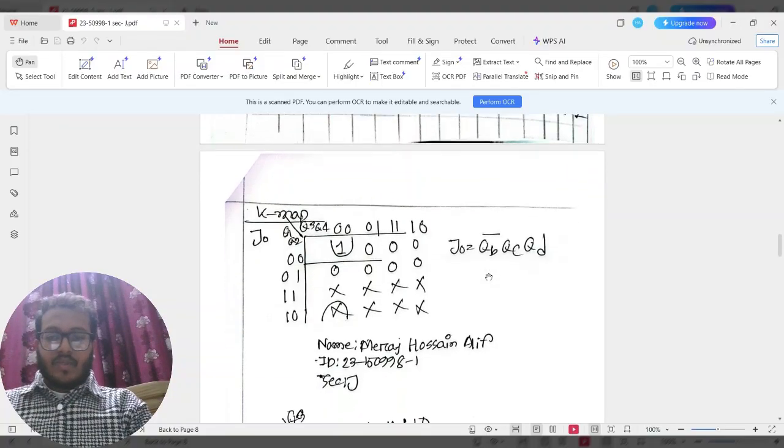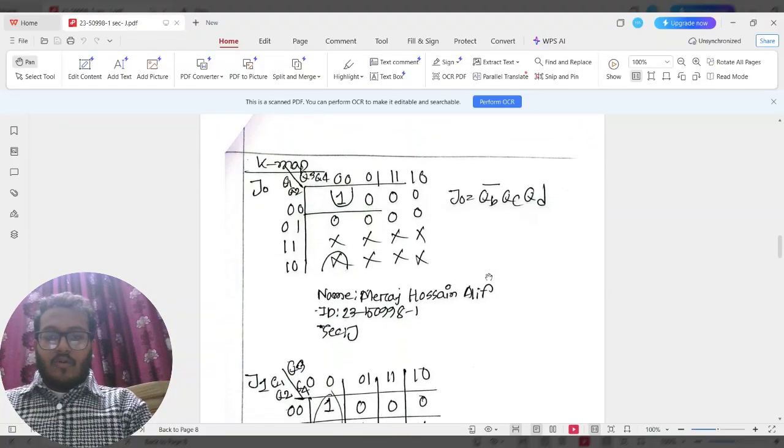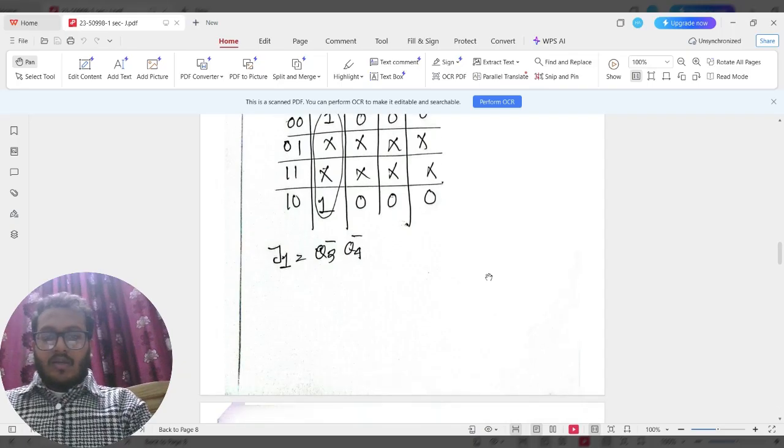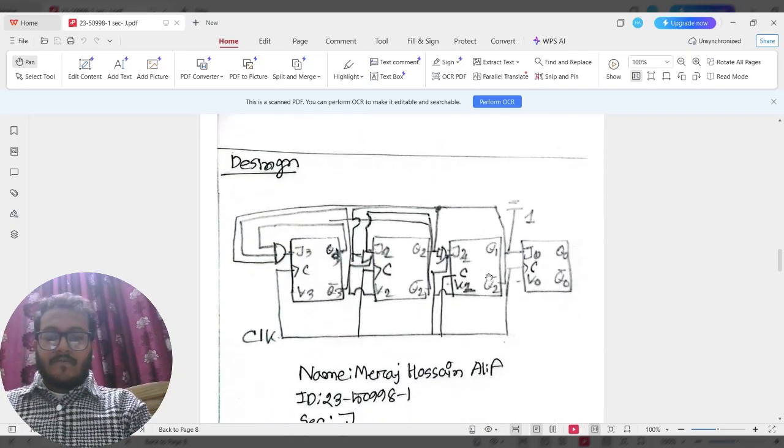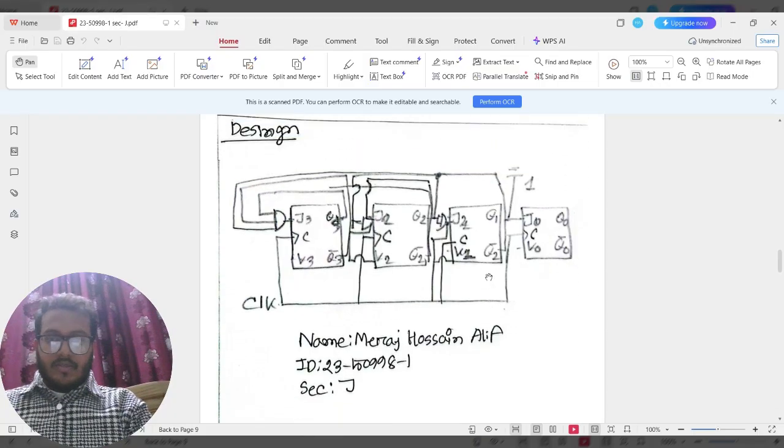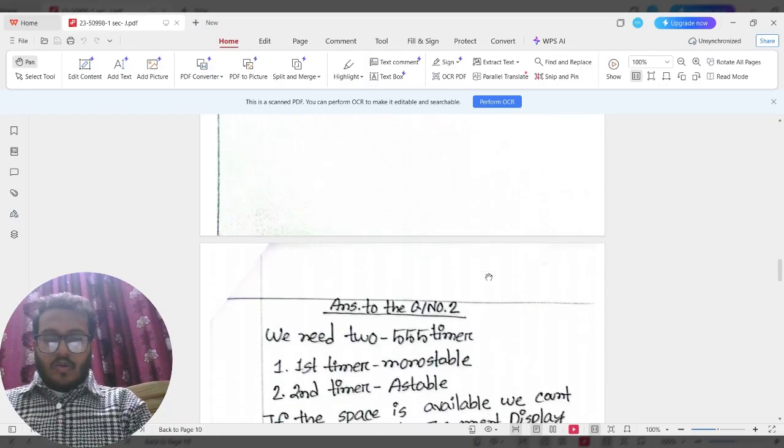And also I write the K-map of J0, J1, and design the 4-bit down counter clock pulse.